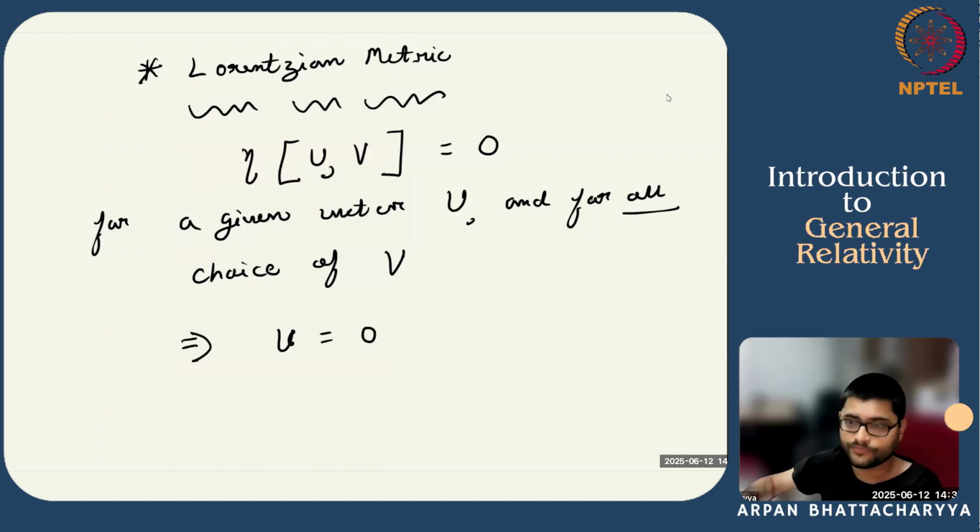In this way, we are making sure that there is no 0 eigenvalue of the metric, and you can invert it easily without running into any problem. So although it is indefinite in signature, we can easily define timelike, spacelike, or null vectors, but it does not possess any 0 eigenvalue.